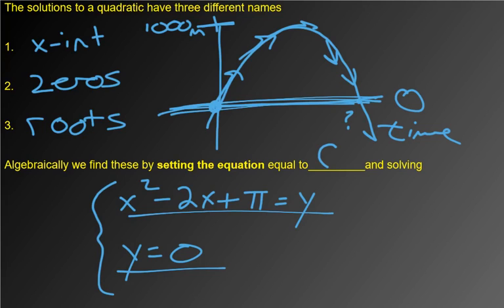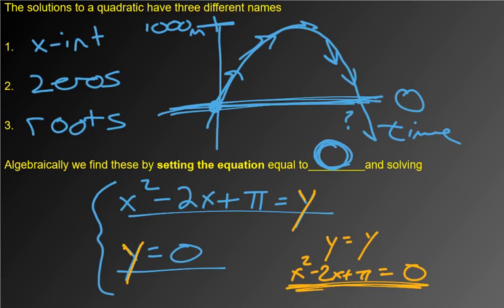So we're taking these two y values and setting them equal. We're just doing y equals y, and we take the quadratic and set it equal to 0. Then we solve for x, and because it's x squared, there's going to be two answers, and those are going to be your two roots.